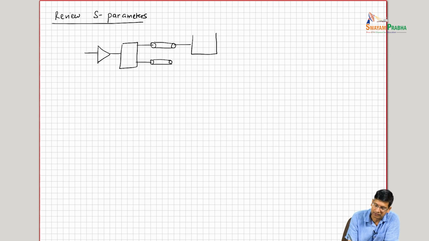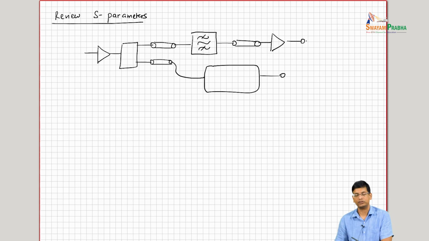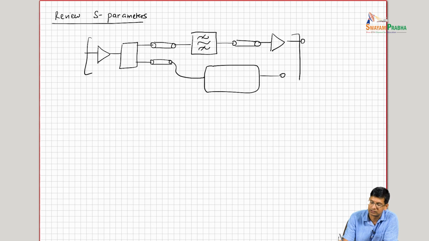I may have some sort of bandpass filter that is passing signal through, and then again I have some cable connected to an amplifier. And I might have a similar network over here. My objective is I want to be able to characterize transfer functions for this whole network.